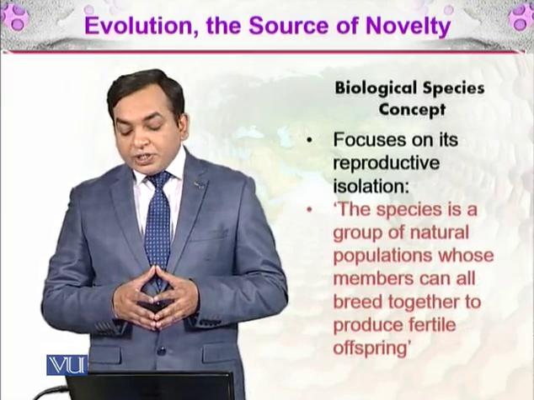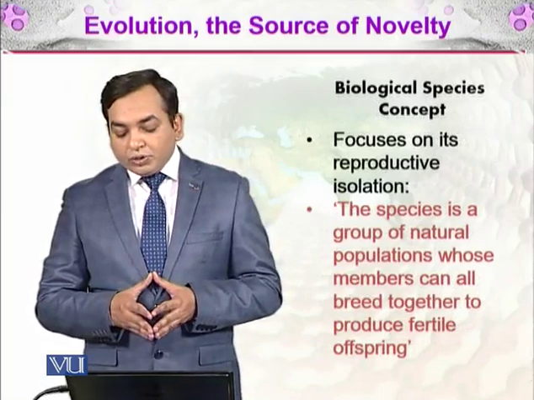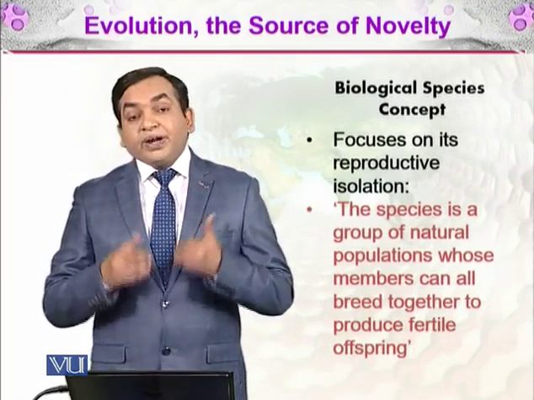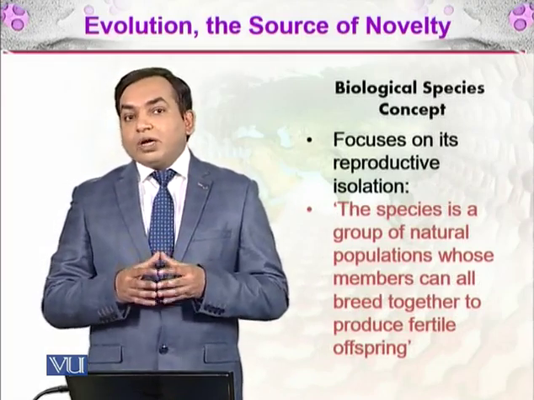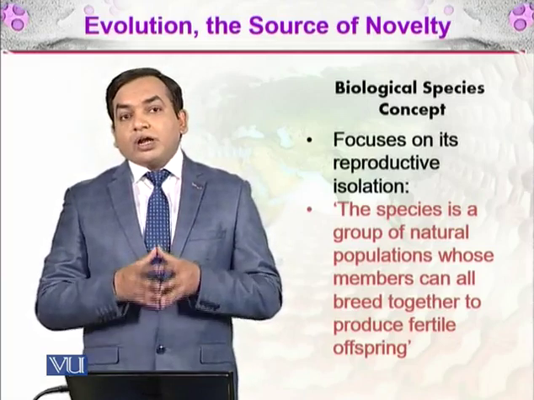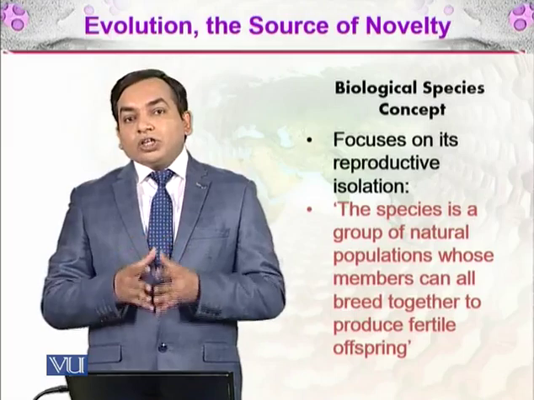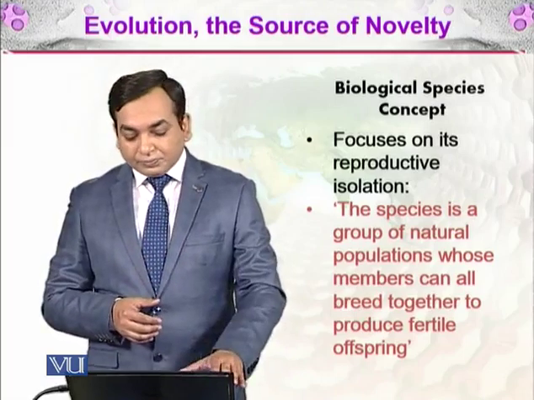The species is a group of natural populations whose members can all breed together to produce fertile offspring. This is the commonest definition that a biogeographer also uses, but this is the biological species concept.